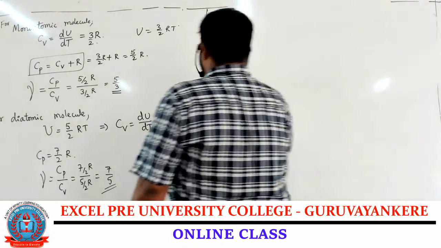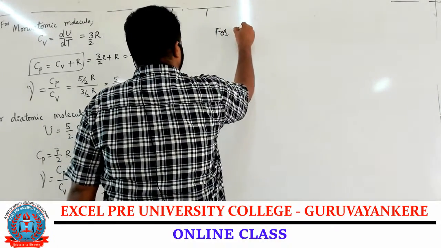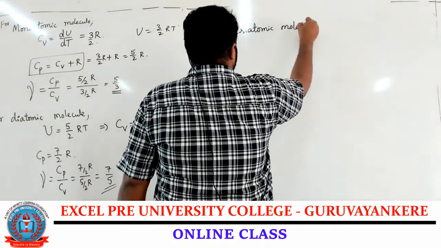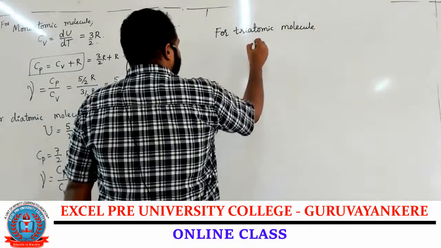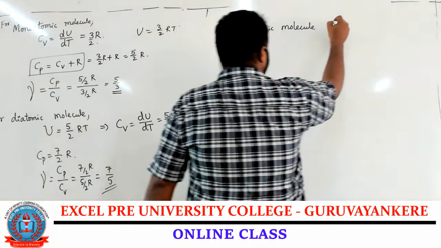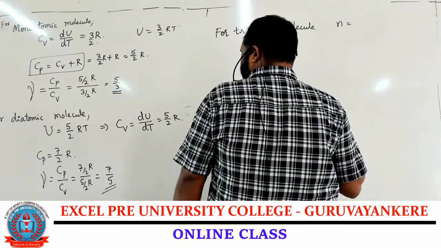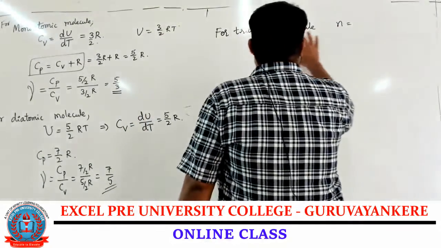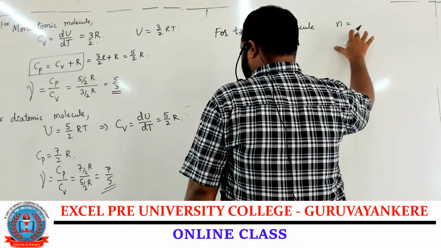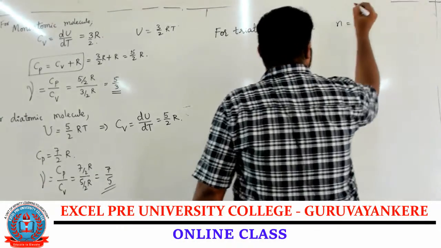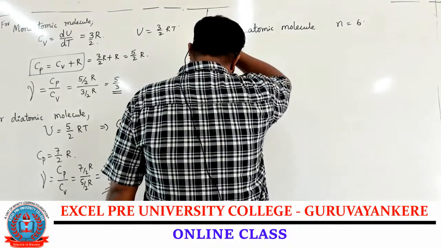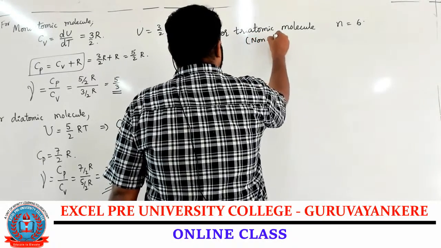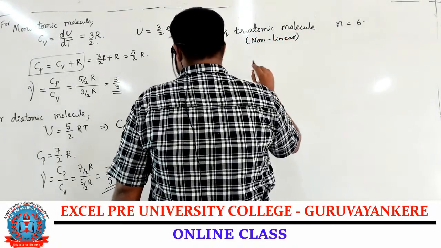Then for a triatomic molecule, obviously the degrees of freedom, you tell me how much? The degrees of freedom is 6 for a non-linear triatomic molecule.